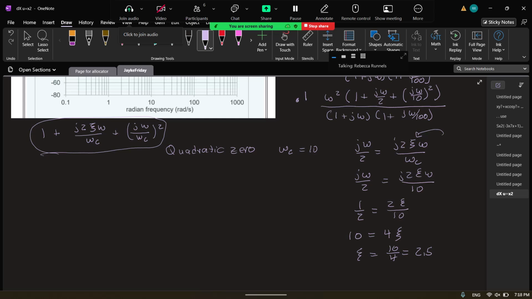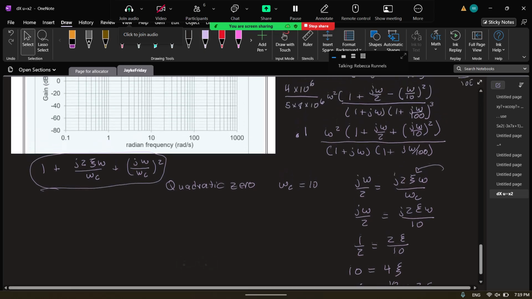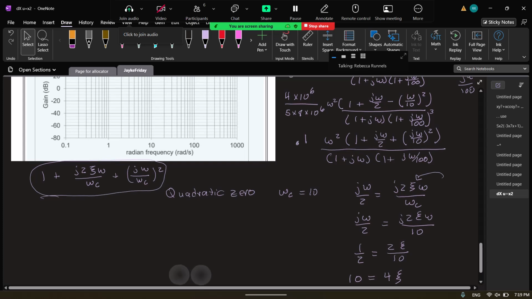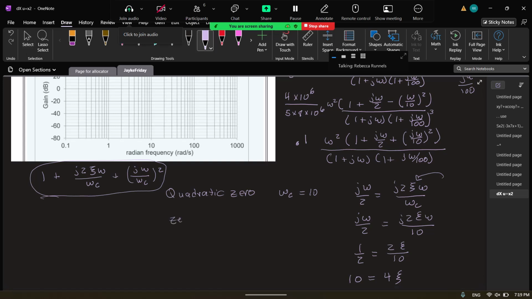Okay, so we have a quadratic zero with corner frequency 10. We also have a zero through the origin of order 2.